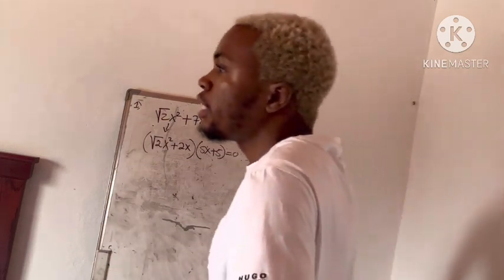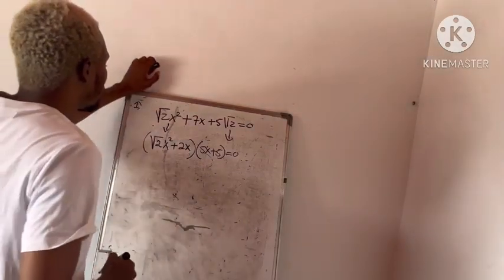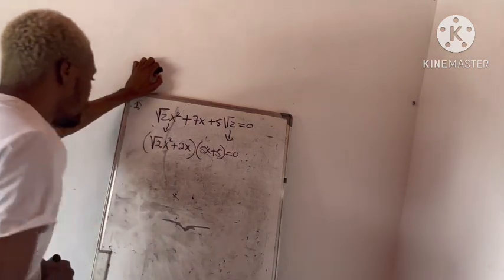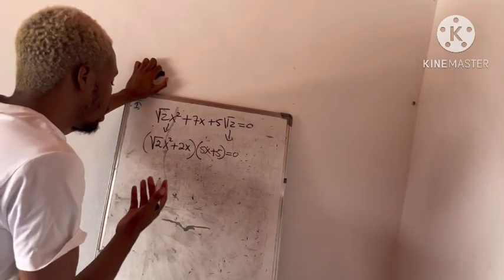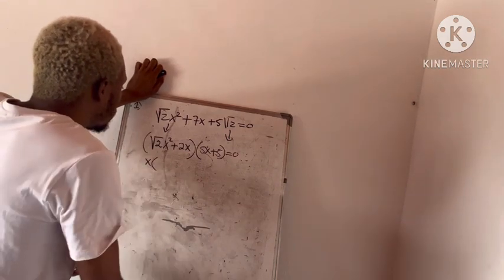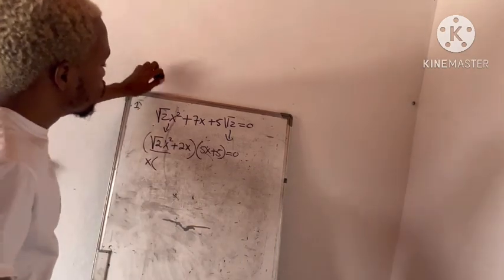So looking at this, factor out what's the common factor here. I think the common factor there which you can get is x. If you take out x, x times 1 is going to give you root 2x squared.